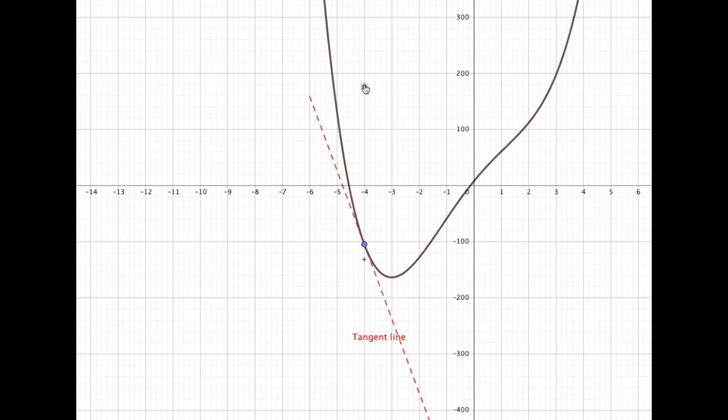Now this point here represents the second derivative. That's telling us, as we saw, that the value of the tangent was increasing. If we now slide along the curve, we can see that the tangent line is becoming less negative, or increasing.